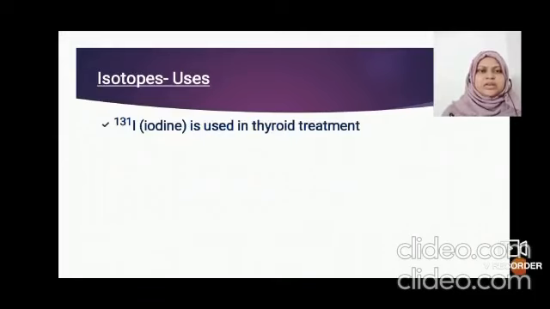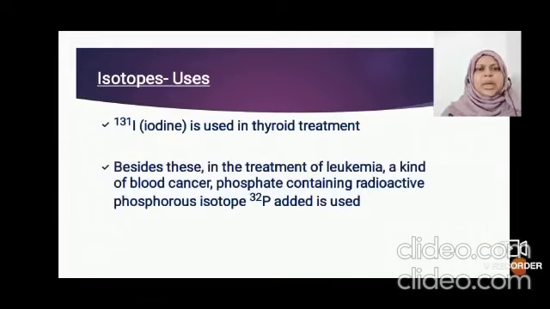Iodine-131 is used in thyroid treatment. Besides this, in the treatment of leukemia, a kind of blood cancer, phosphate containing radioactive phosphorus isotope phosphorus-32 is used.